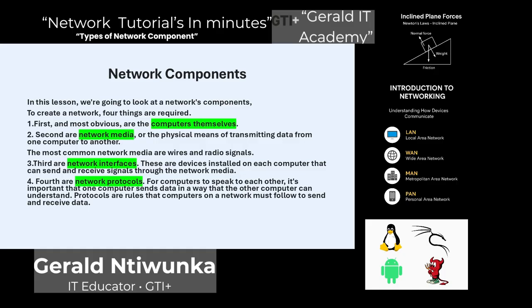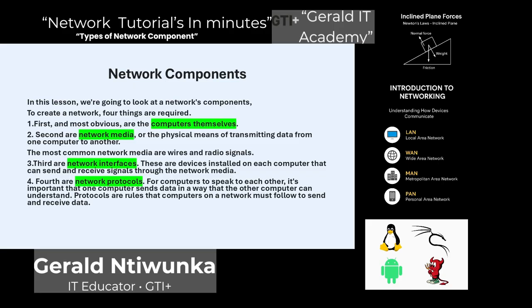The second are network media, or the physical means of transmitting data from one computer to another. The most common network media are wires and radio signals. Third are network interfaces, which we have talked about in some of our previous lessons.